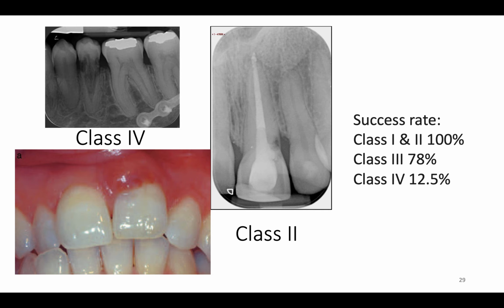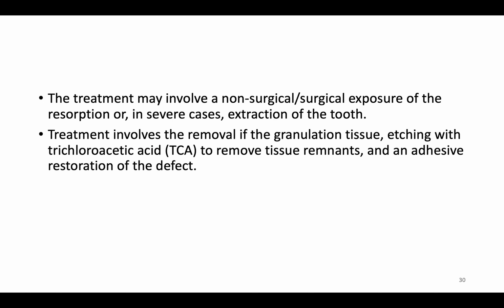In class 3, you get a 78% success rate, while in class 4, the success rate is only 12%, so extraction can be a better option. So the treatment, as we have said, involves surgical or non-surgical exposure of the resorptive defect and restoring it if the tooth is restorable, while in Heithersay class 4, the tooth has to go.